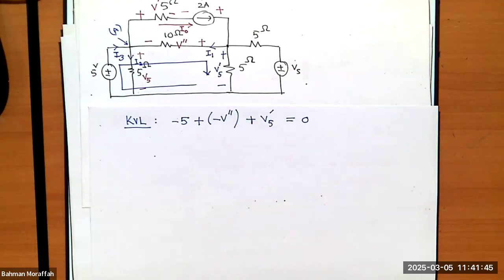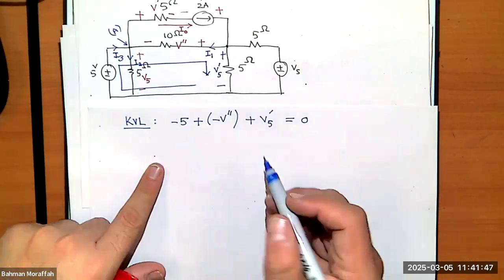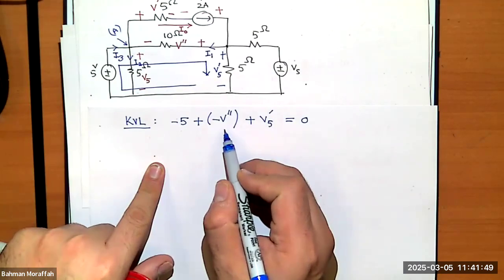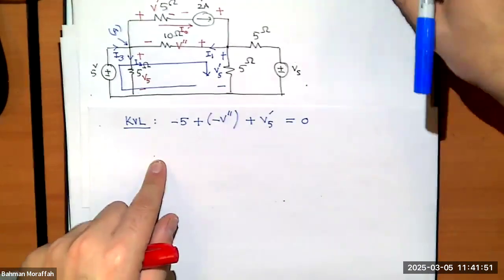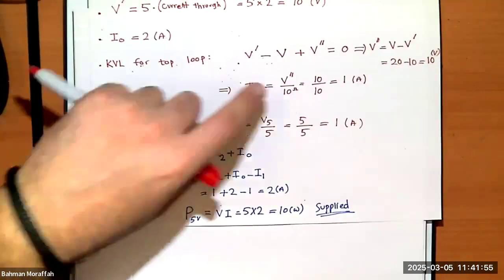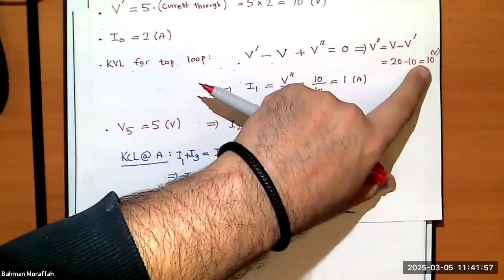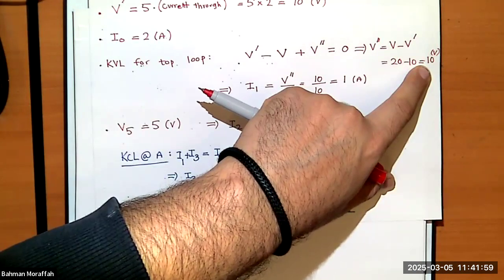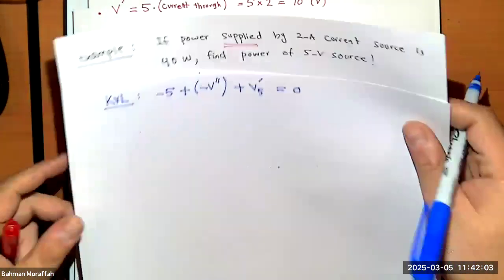Yes? Well, look, I know V double prime. We already computed it. I know V double prime is 10 volts. You see it? I can plug it in here.